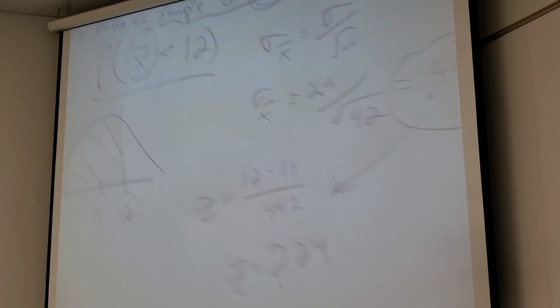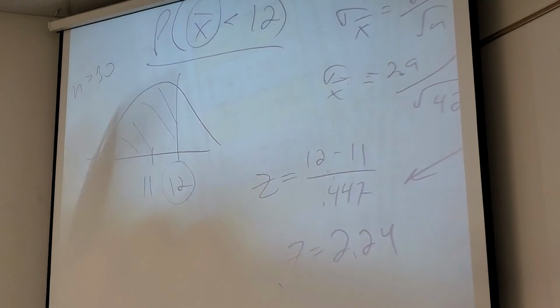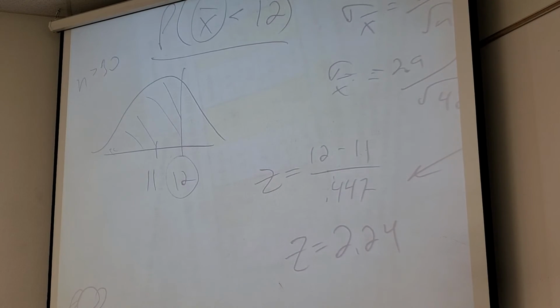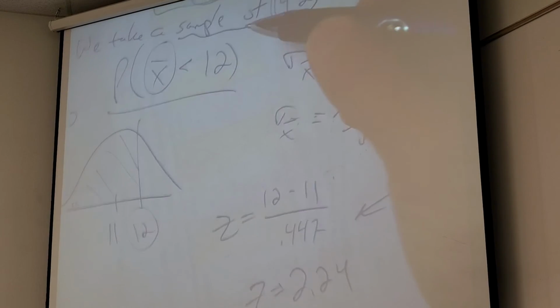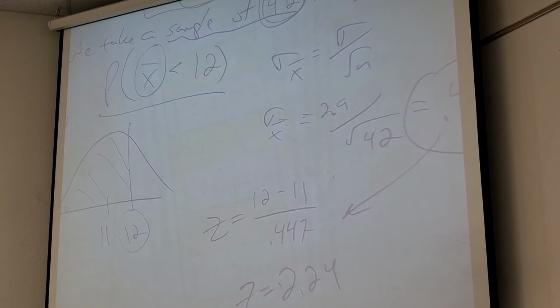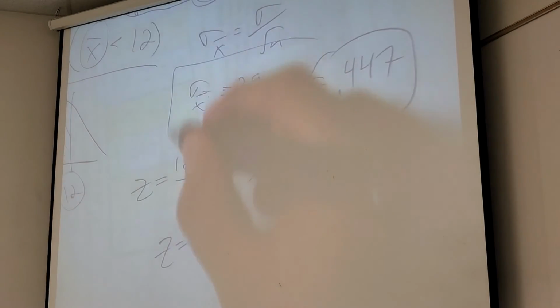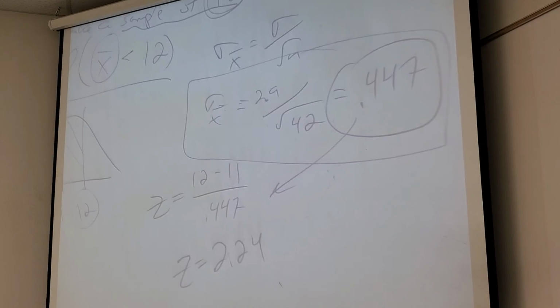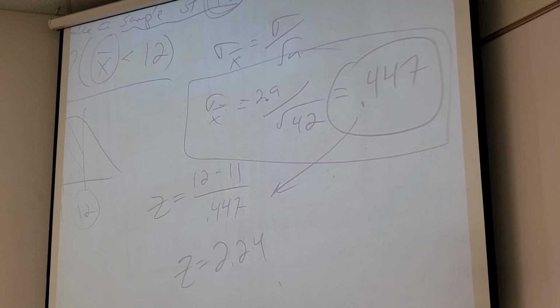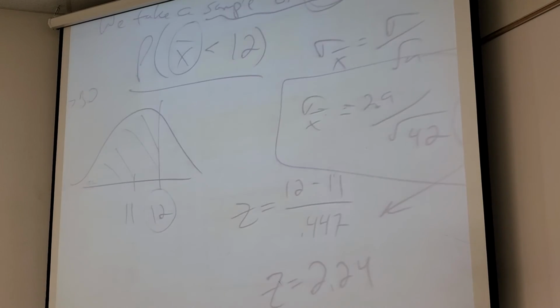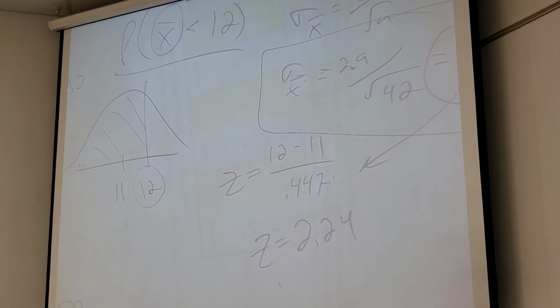Then I look it up in the chart, and I'm going to get the answer because I want the area below. So the only difference between this kind of problem and the problems we've been doing is I have to change the spread number because it's not individuals, it's groups now. So when you look up 2.24, you're done.